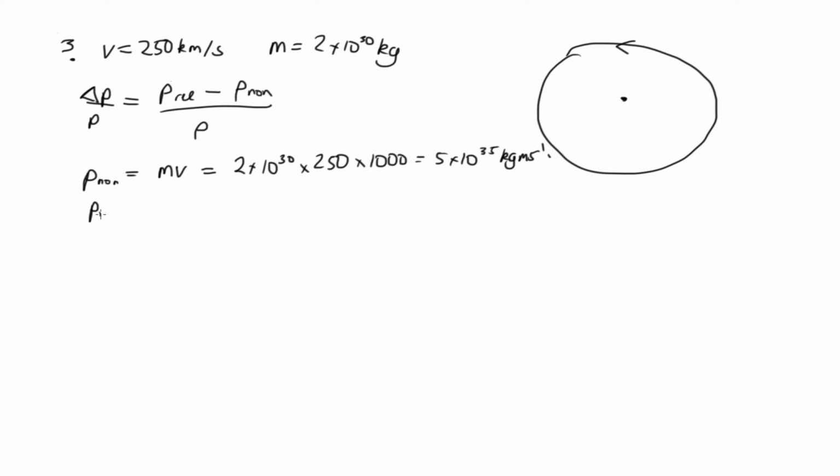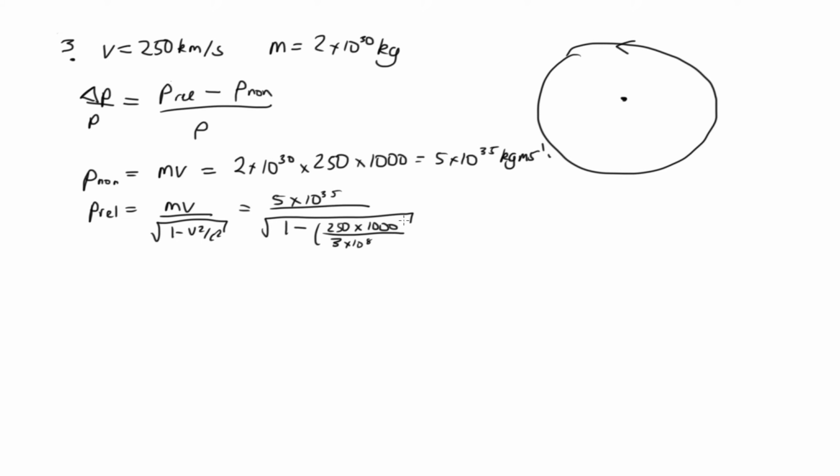Okay, and then we need the relativistic momentum, and that's equal to mv over the square root of 1 minus v squared on c squared. So that's equal to mv, which is the same thing, so it's still 5 times 10 to the 35. But now we're dividing by the square root of 1 minus v squared, which is 250 times 1,000 over c, 3 times 10 to the 8, all squared.